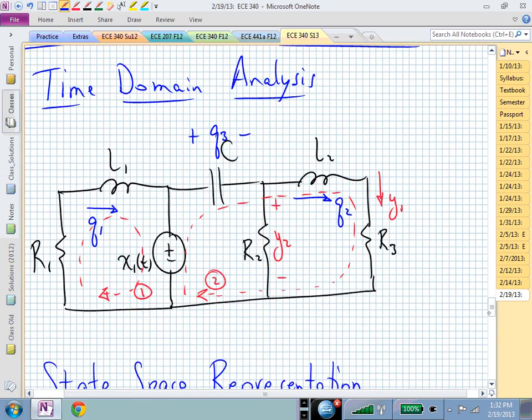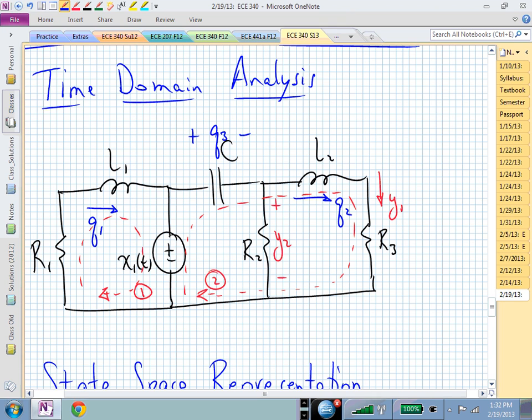What's left? I need one more equation, and I really need a q sub 3 prime equation, don't I? And I could find that by trying to find an equation that was associated with the current going from left to right. That would be C q sub 3 prime from ICE. If I'm interested in this current, maybe I want to find a KCL at that node.